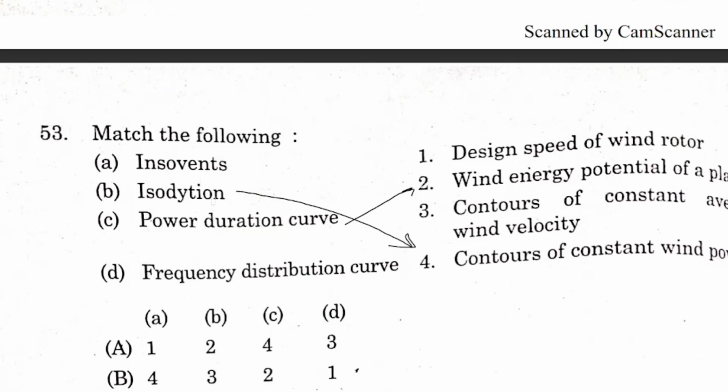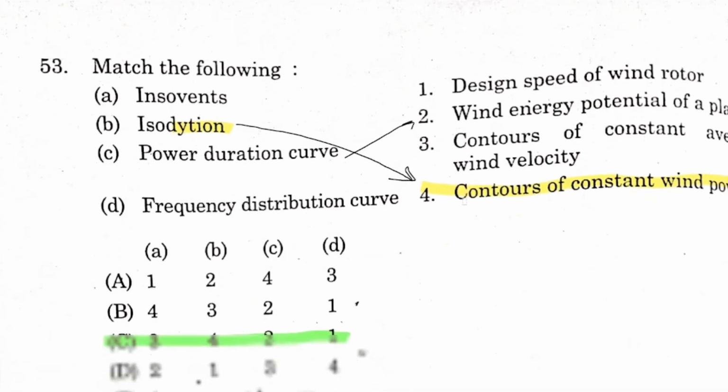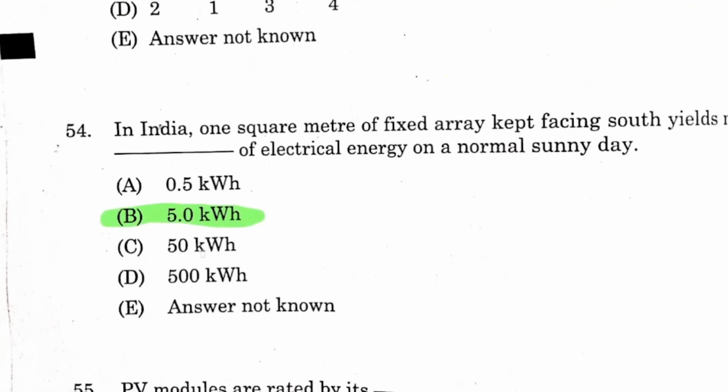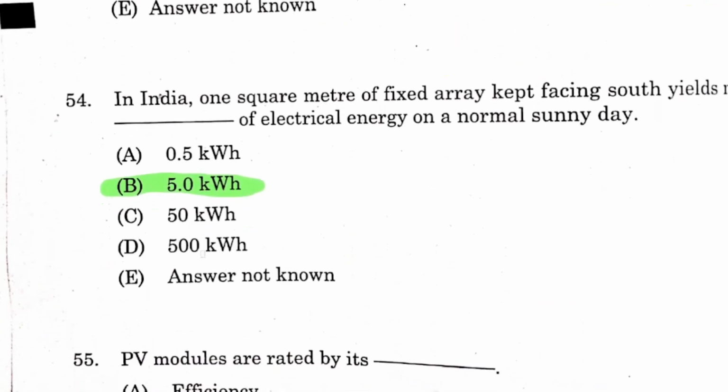Next one is also a match type question. So here isodation belongs to contours of constant wind power, and power duration curve belongs to wind energy potential of a place. So option number C is correct match. Next question number 54.